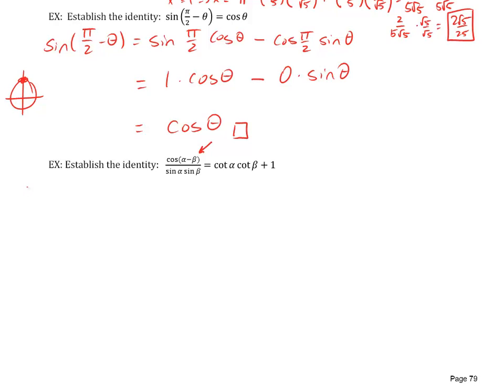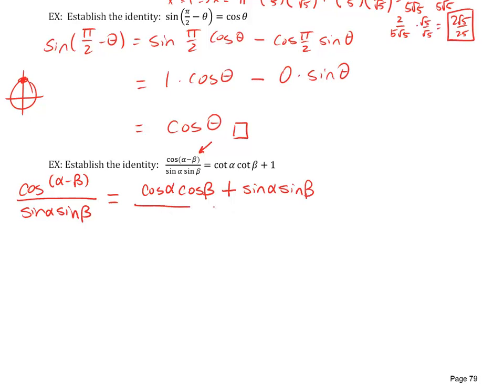So if I start with cosine of alpha minus beta on top over sine alpha sine beta, this is going to become cosine of alpha cosine of beta plus sine alpha sine beta divided by sine alpha sine beta.